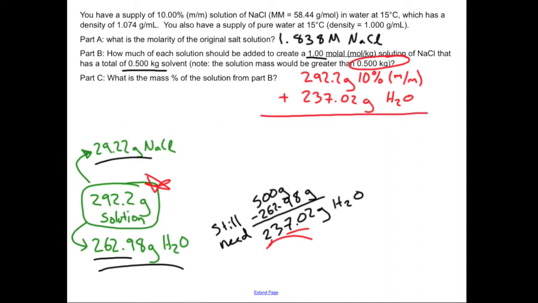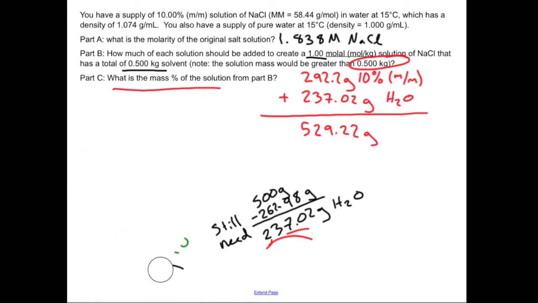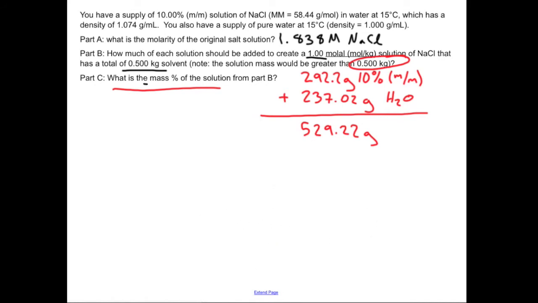Looking ahead, because I'm going to want to know the mass percent, this is now doing work for part C. I'm going to need to know what the total mass is of this solution. So if I add that together, I get 529.22 grams. So now there's actually very little work that still needs to be done here for part C. And this is just me recognizing how a mass percent works.